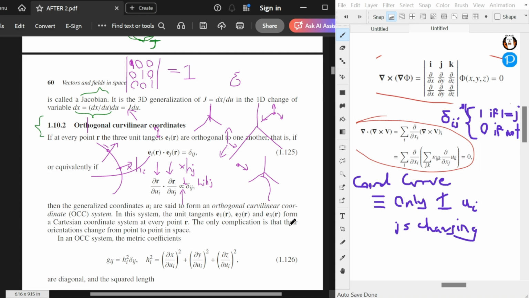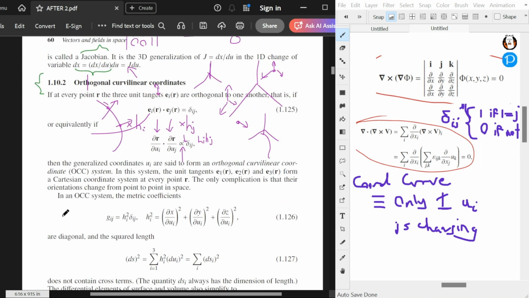In an orthogonal curvilinear coordinate system, the metric coefficients, where h_i squared, yeah, this is just like Pythagoras.